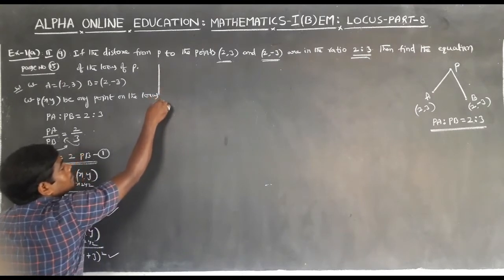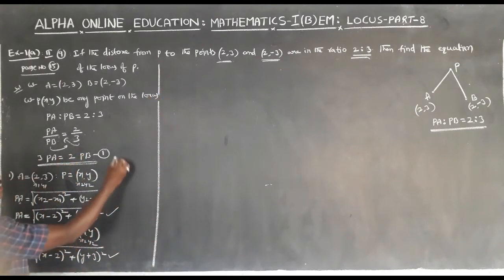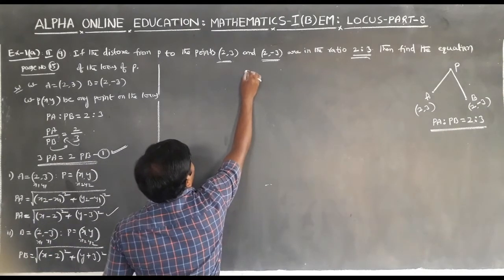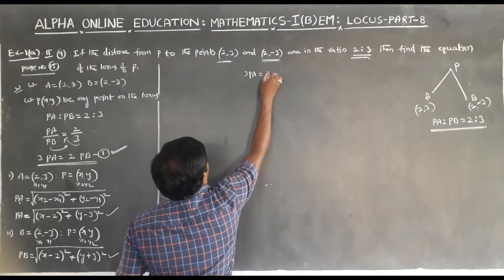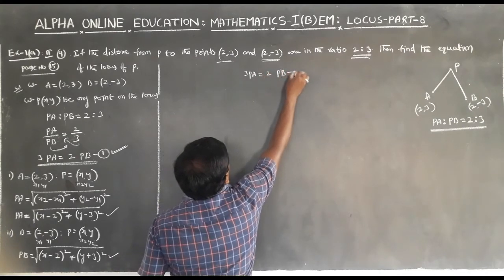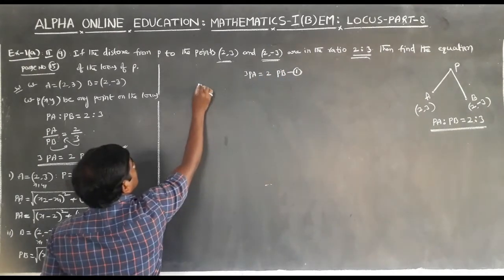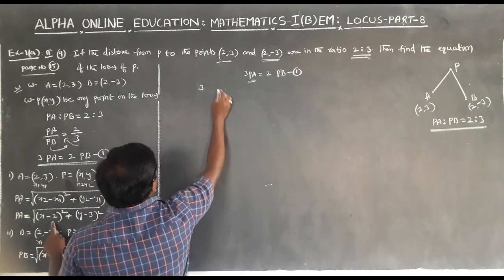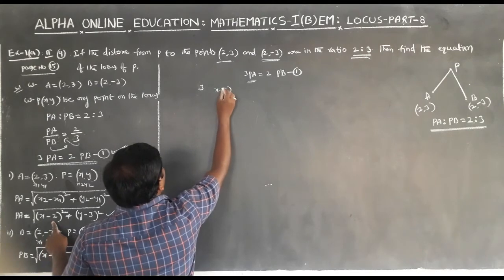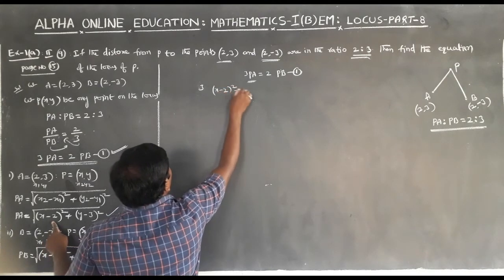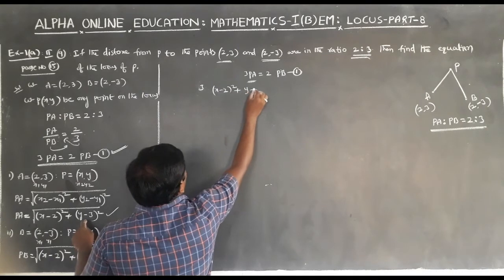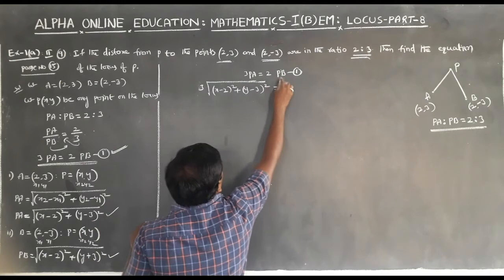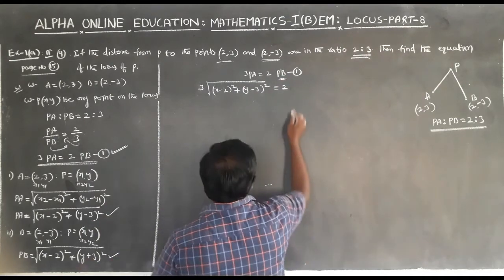Substitute PA, PB values in equation number 1. 3PA is equal to 2PB. 3 into PA, PA is equal to under root of (x minus 2) whole square plus (y minus 3) whole square, is equal to 2 into PB.